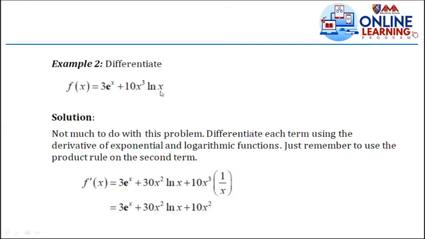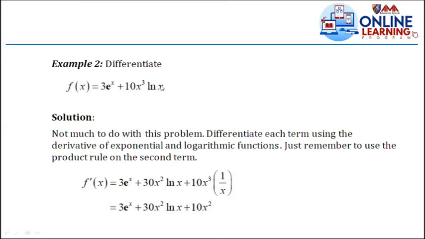From our formula, u times v, we have v du plus u dv. So we have v, ln x, du, derivative nito, 3 by 10, we have 30x squared. So we have v du plus u, this is our u, 10x cubed.